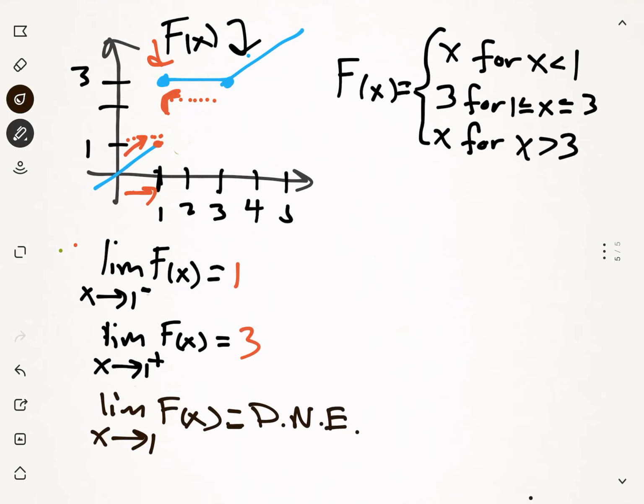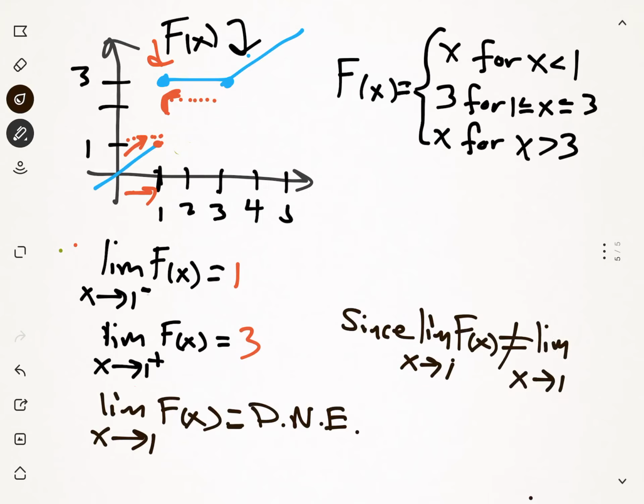We would say it does not exist since the limit as you approach 1 from the left does not equal the limit as you approach 1 from the right.